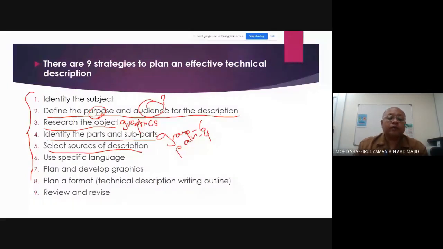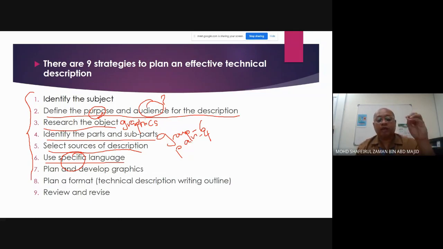Next, number six, we are going to talk about using specific language. The keyword over here is the word specific. Why? When you're describing an object, remember that you need to be very detailed.